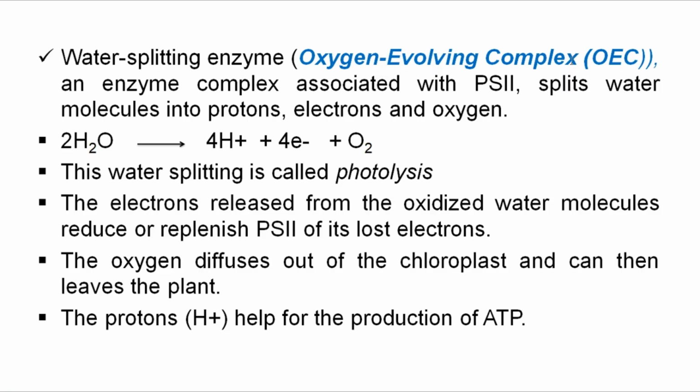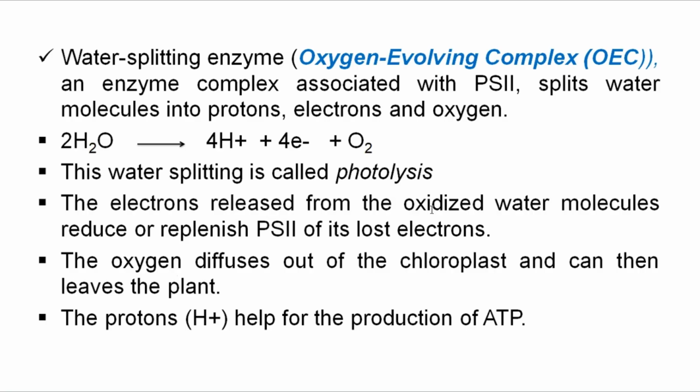Oxygen evolving complex. It is an enzyme complex found within photosystem 2 that splits water molecules into protons, electrons, and oxygen. This splitting of water is known as what? Photolysis. Yes, photolysis is a process in which water is split into protons, electrons, and oxygen.